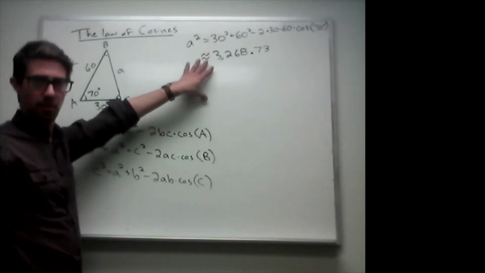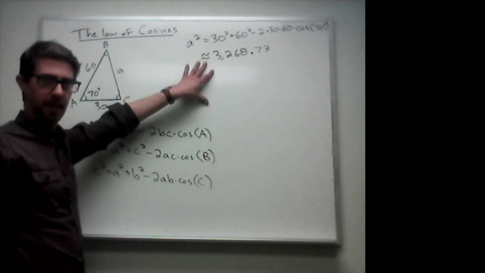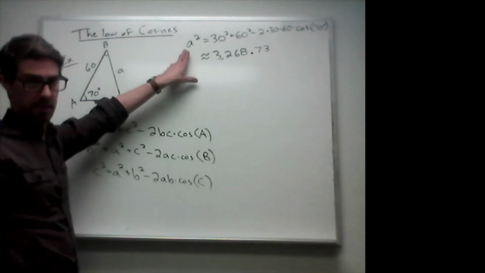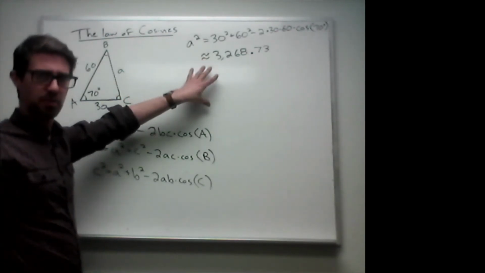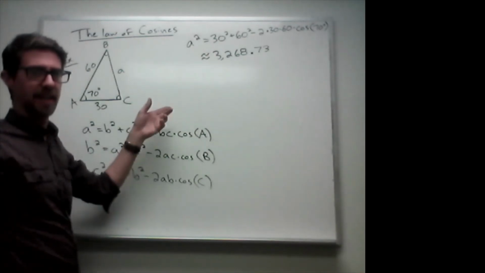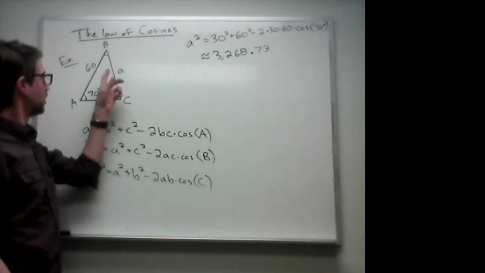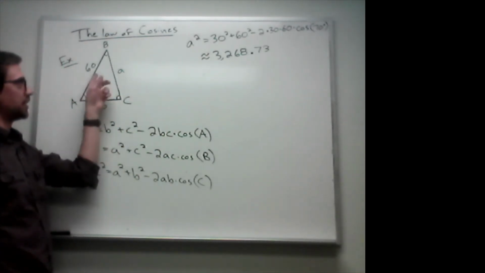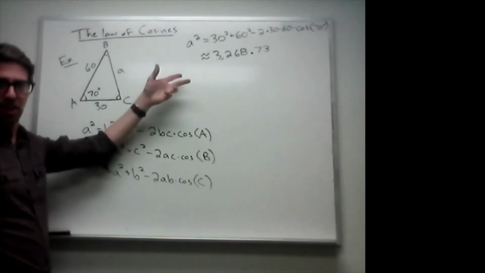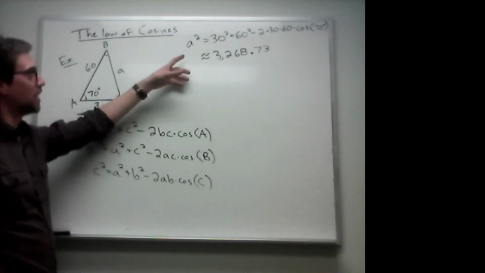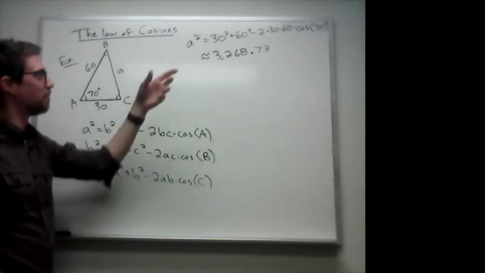And then the other thing to watch out for is that you're not done. This is not a formula for a, this is a formula for a squared. So if you got here and said, okay, that's side a, I would hope that you would look at this picture and say, this is 30, this is 60, and this is 3,000 something. That can't be right, right? So don't get lazy and think you're done when you're not done. So you're just going to take the square root of both sides of this.